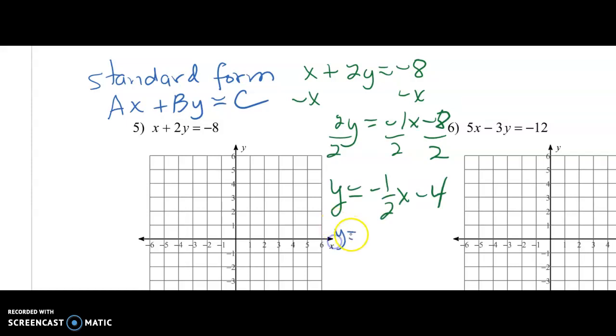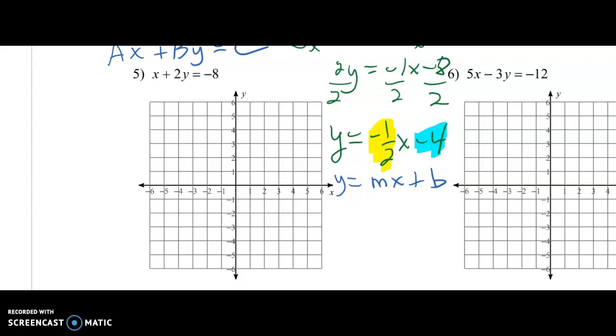We see y equals mx plus b, where -1/2 is my slope and -4 is my y-intercept. So when your equation is in standard form, you want to solve for y, which will get your equation in slope-intercept form.